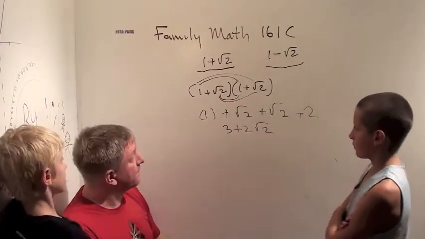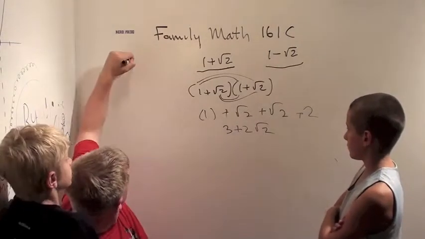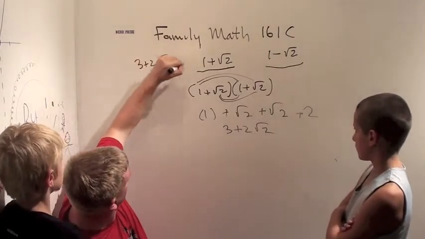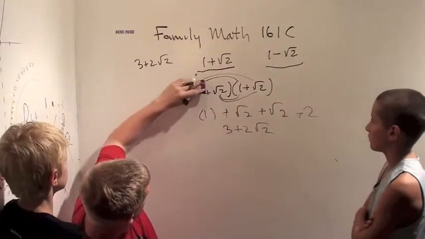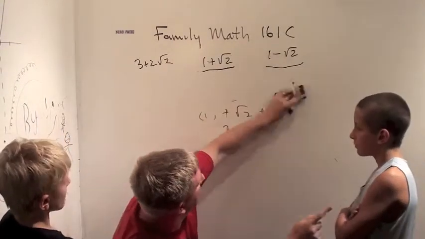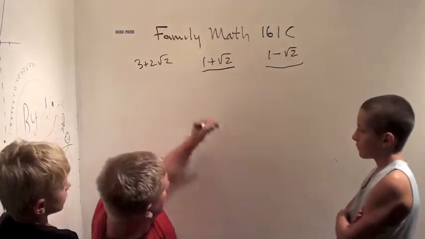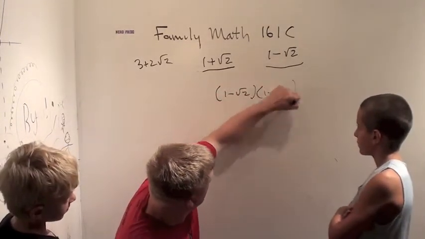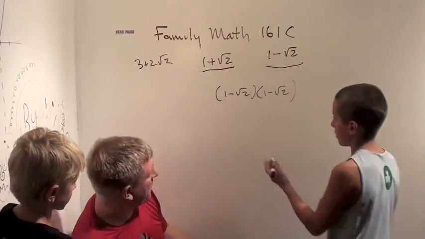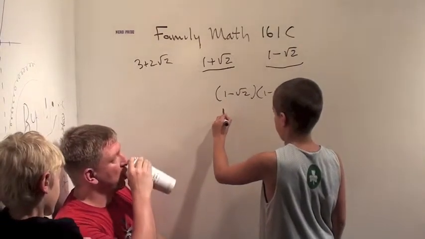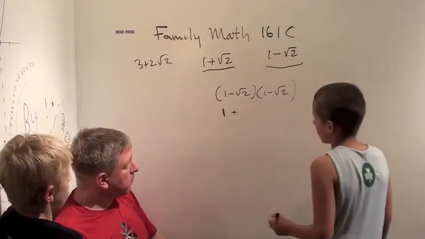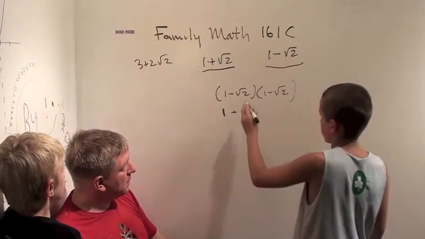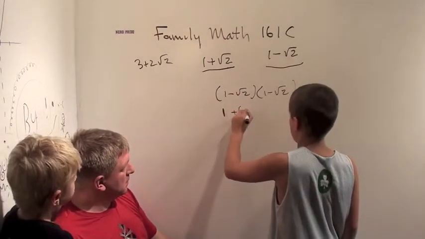You see that? Now let's see what happens when I square this one. I'm going to let you do this one out all by yourself. Go ahead. So, we start out with a 1 as before. Then, it's plus minus the square root of 2.